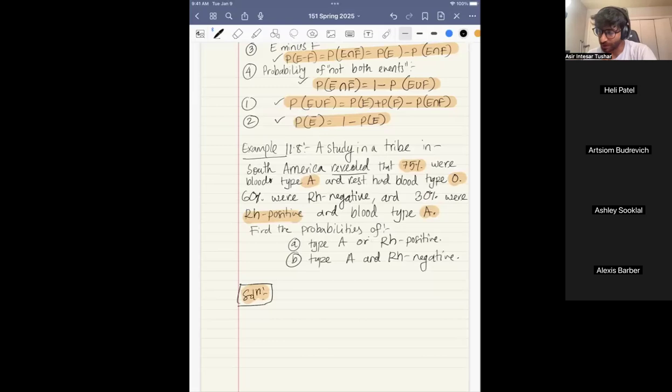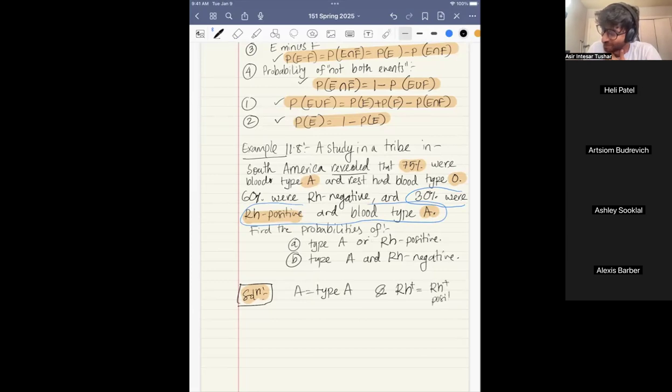But as this line says, 30% were Rh positive and blood type A, so I'm going to name A as blood type A, and the other event is Rh positive.